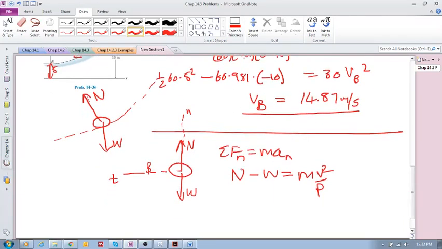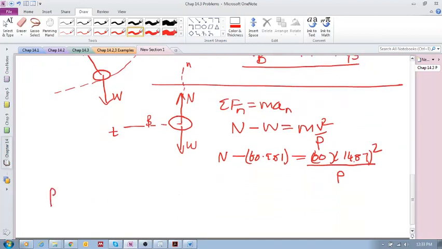The normal force is what we're looking for. Here we've got 60 times 9.81, our weight, plus 60 times our velocity, 14.87 squared, divided by rho. But what is rho? Recall that rho is given by 1 plus dy/dx, that squared, the whole numerator to the power of 3 over 2, divided by d2y/dx squared.